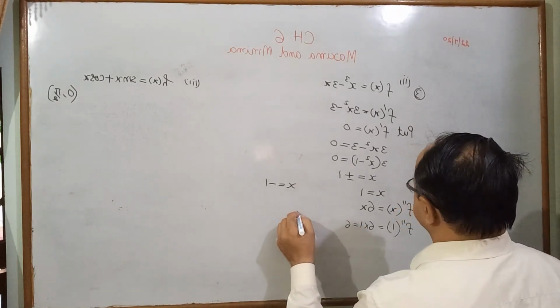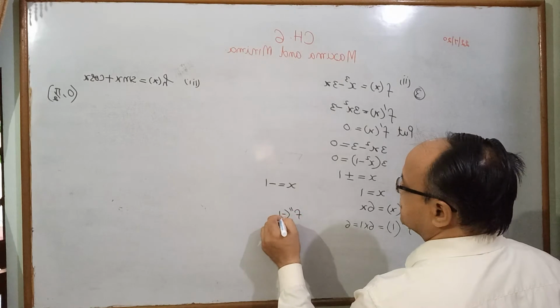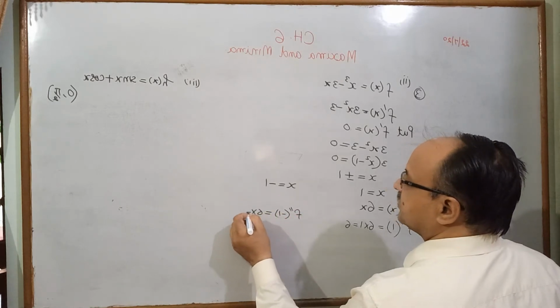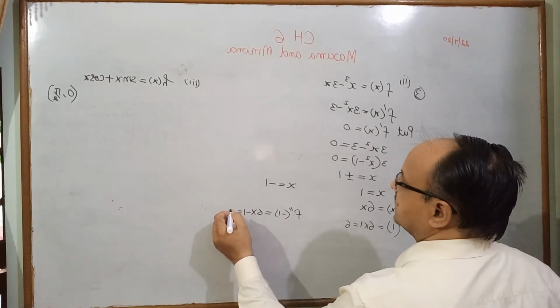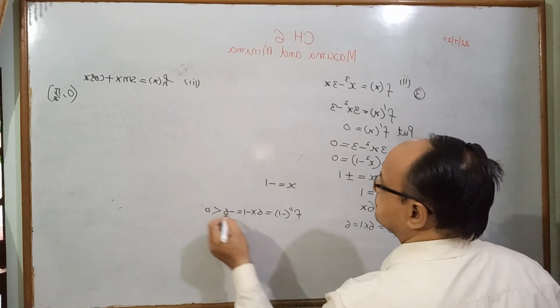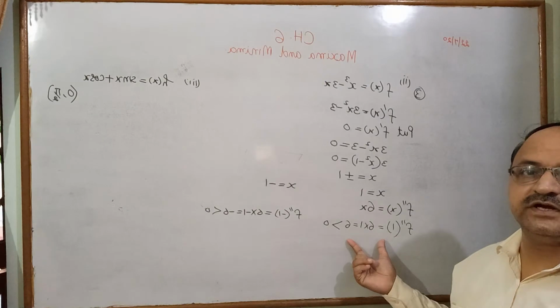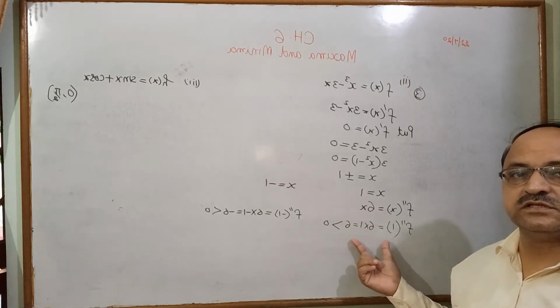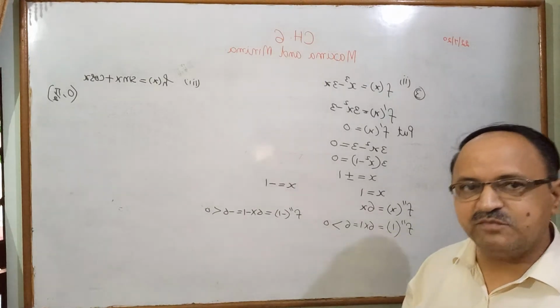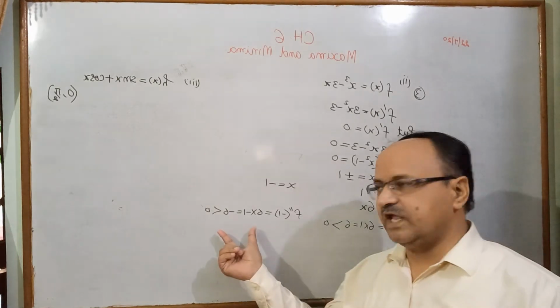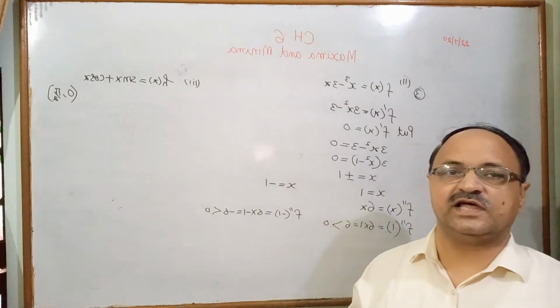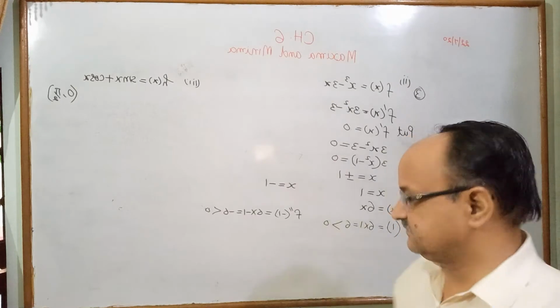Here put f double dash at minus 1: 6 into minus 1, that is minus 6, which is less than 0, and the other is greater than 0. If the second order derivative is greater than 0, it means local minimum. If the second order derivative is less than 0, it means local maximum.